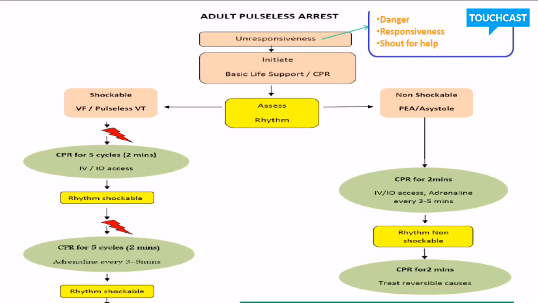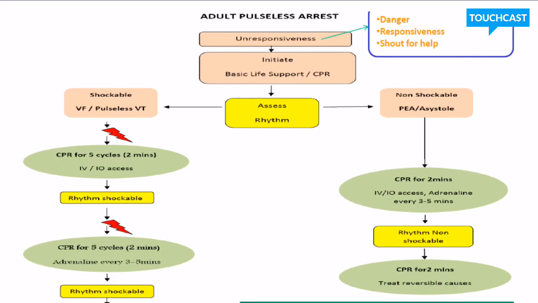But I prefer you give a standard order, 1 milligram of adrenaline every 3 minutes. And then you emphasize high quality CPR for 2 minutes. Then when 2 minutes is up, you stop chest compression, you feel for the pulse, analyze the rhythm, and the rhythm still shows asystole.